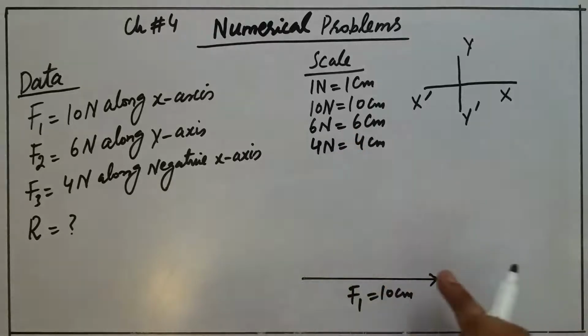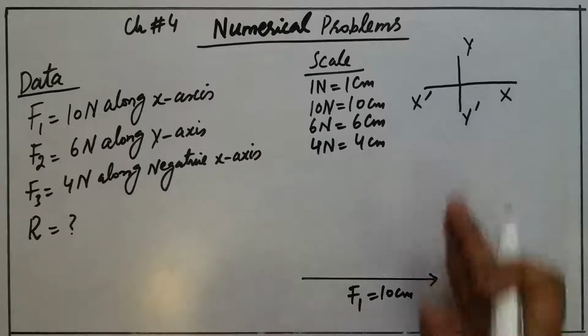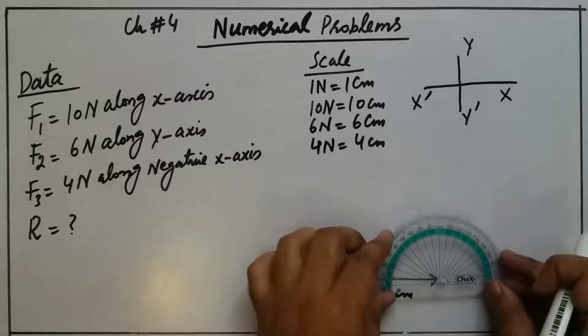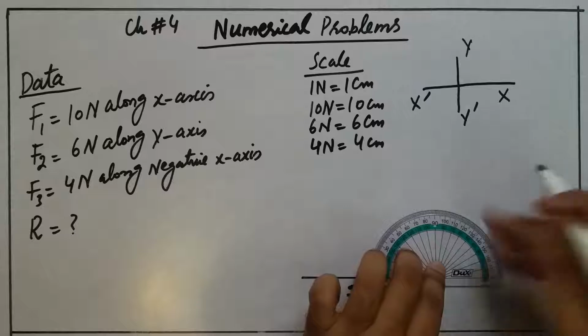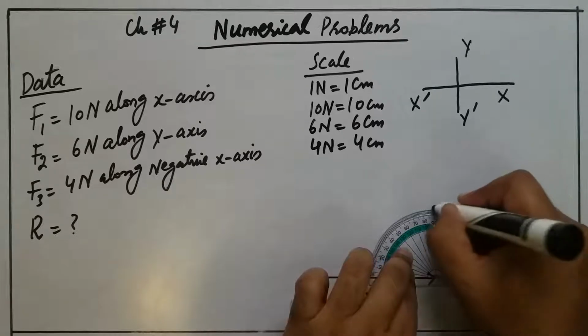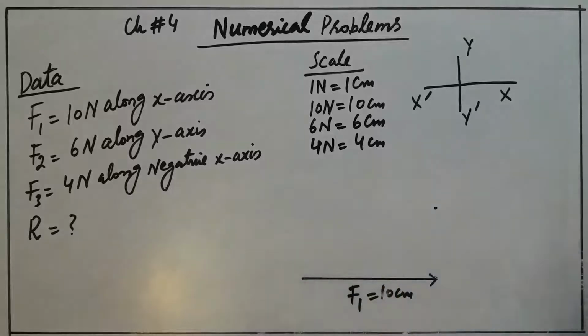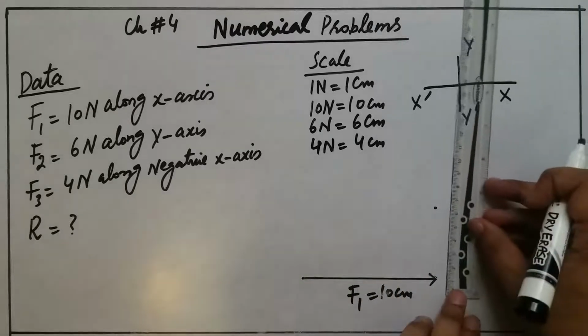So the 6 centimeter line is going to be drawn along the y-axis, in the vertical position. We have to draw a straight line, and to get it, I'm going to use a protractor here. First of all, take the protractor and mark the 90 degree angle, and in this direction draw a 6 centimeter line to represent the 6 Newton force.